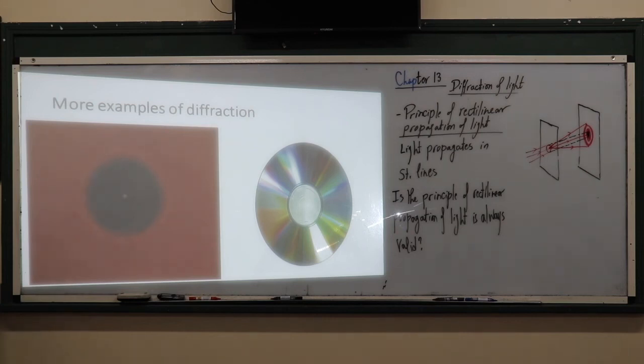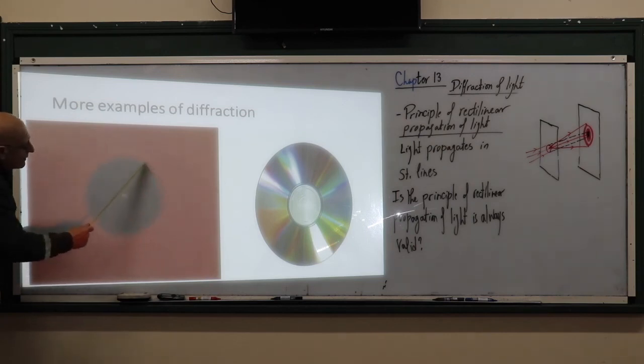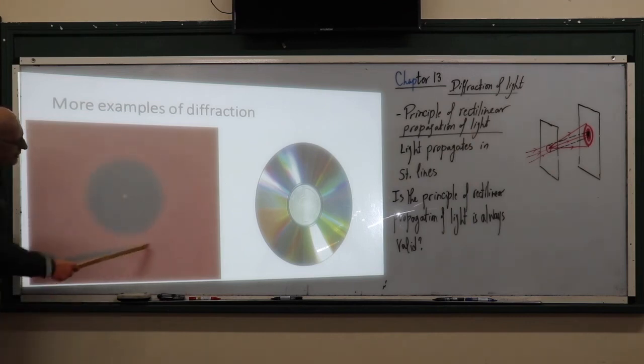As you see here, you don't obtain a well-defined black disc similar to that of the penny. But you obtain this shadow, a dark disc centered with a bright spot surrounded by alternating dark and bright fringes.